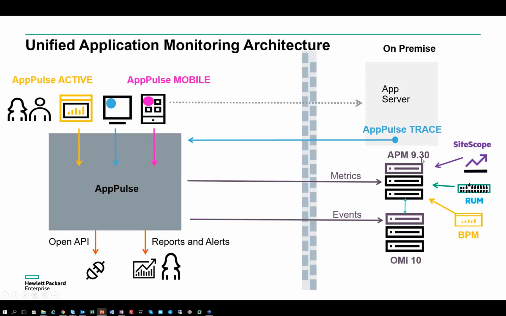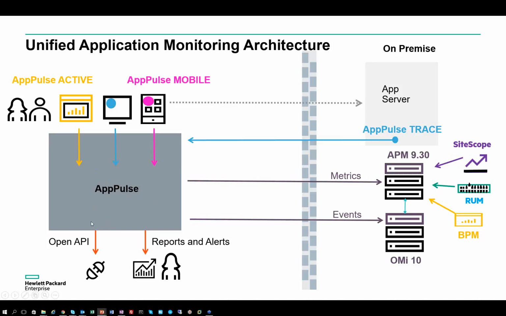Finally, from the architecture perspective, it's very similar, but a little bit more abstracted. On the left here you have APM and OMI. On premise, you have your application that's being monitored, and then all the various components like Apples Trace, Active, and Mobile send data into Apples.